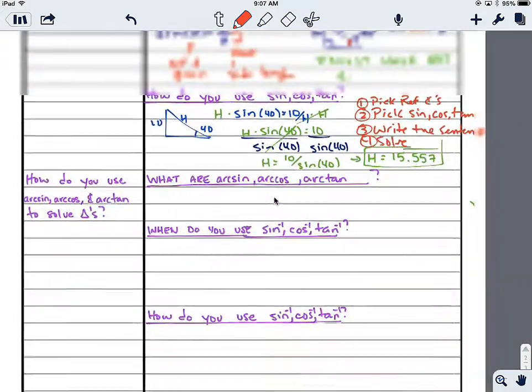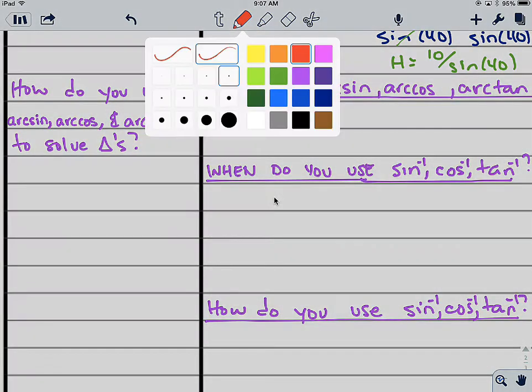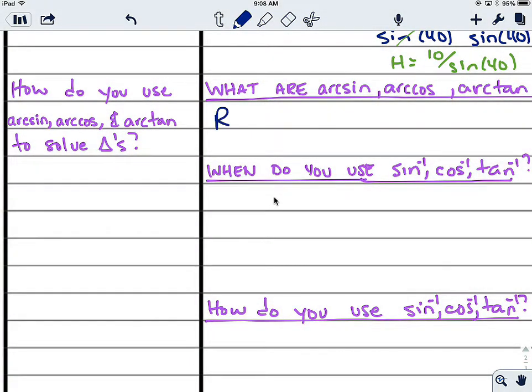So what happens if you don't have the reference angle? Well, now we have to bring in three new terms: arcsine, arctangent, arccosine. Now, if you're wondering what those are, these just refer to the inverse of those functions.